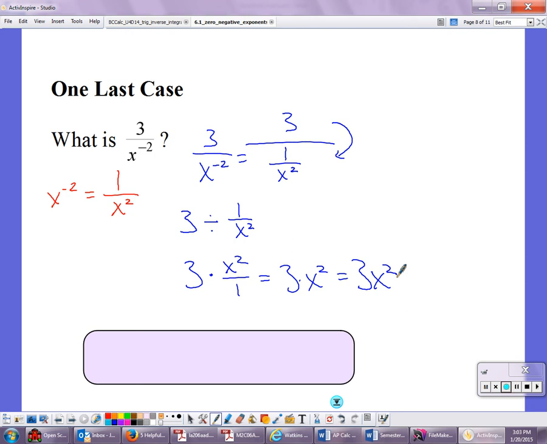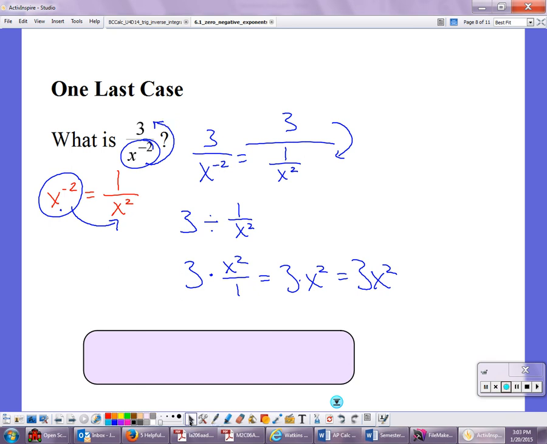Well, to put it loosely, just like over here we took the x to the negative 2, made the exponent positive, and moved the whole thing into the denominator, here we've got the x to the negative 2 already in the denominator. We're going to make the exponent positive and move the whole thing up into the numerator. And that's what we did. We ended up with 3x squared.